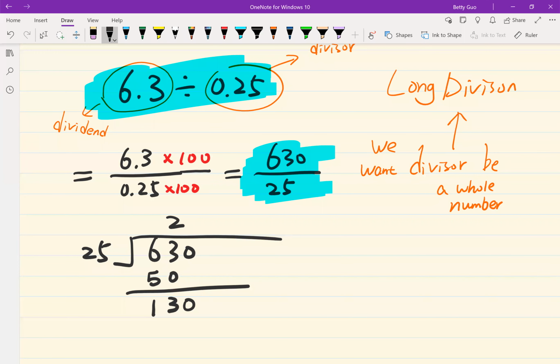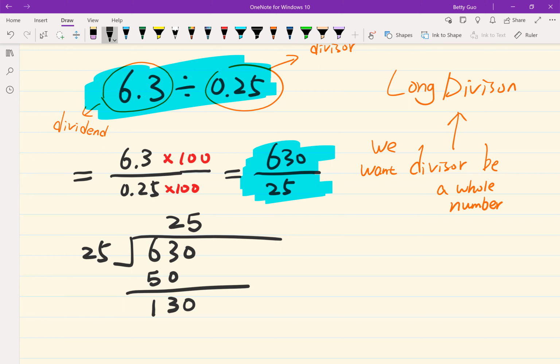Let's see how many times 25 goes into 130. 5 times. 25 is a quarter of 100, so 4 times we have 100. We will have a remainder of 30, but 30 is still bigger than 25. So 25 can go into 130 five times, with the remainder 5.